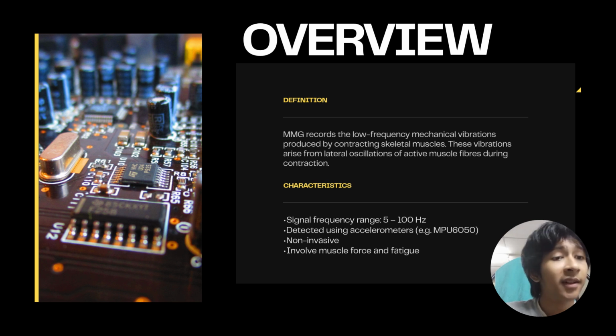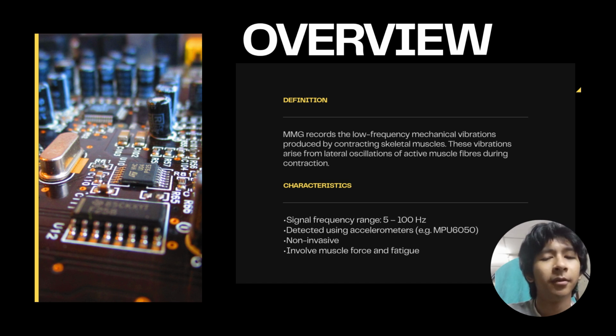So let's see the characteristics of an MMG sensor. An MMG sensor records the data with a frequency range of between 5 to 100 Hz. It is mostly made by using an accelerometer, for example, an MPU 6050.